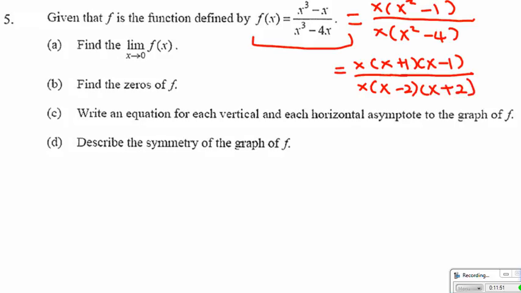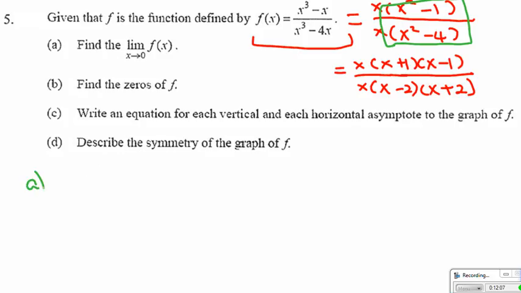Alright, so then we realize that x can easily cancel out, and we'll have the middle portion right over here. This is the simplified expression for f of x.